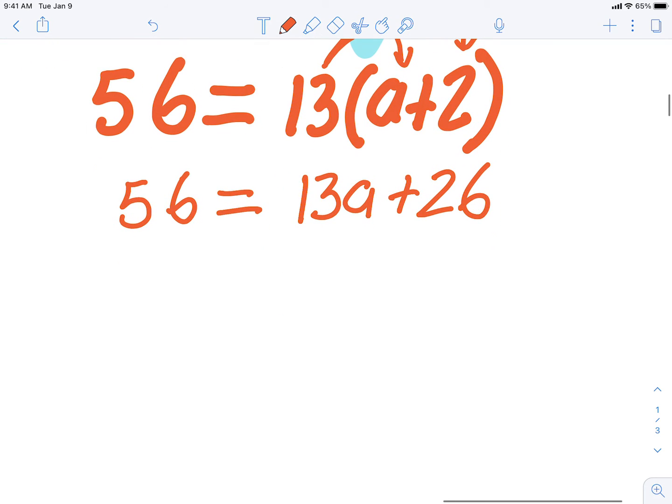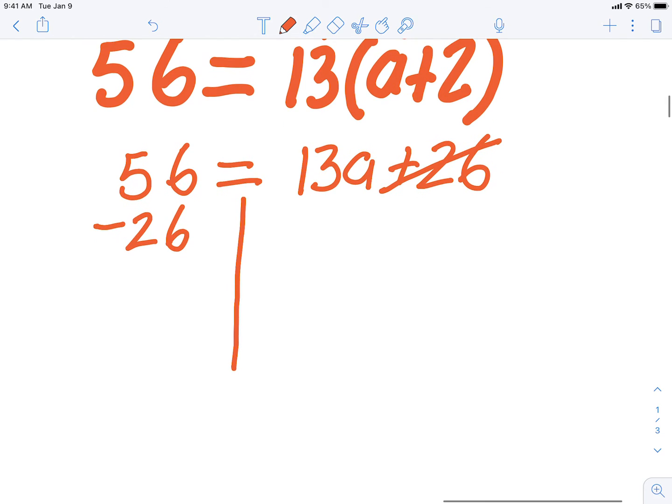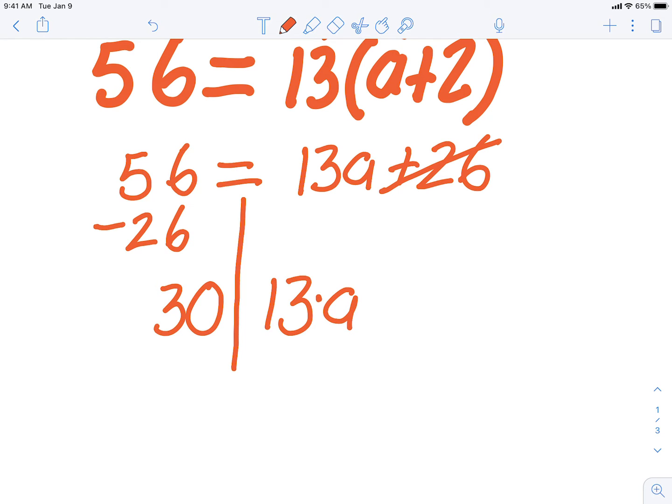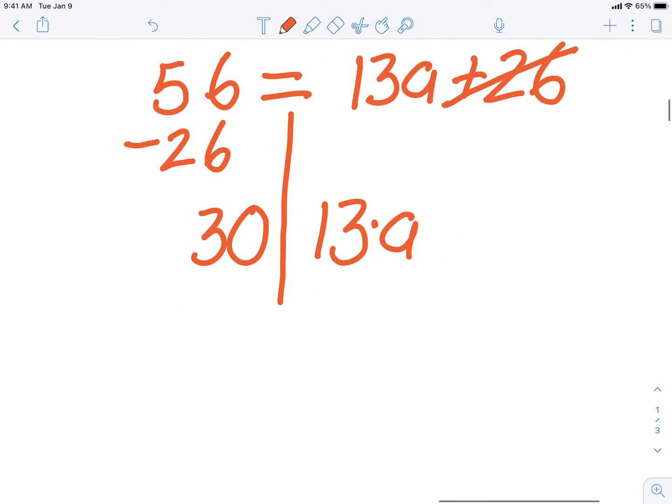Now, I want to solve for A here. So I draw my line of separation, and I've got to move 26 over first. I say minus 26. So 56 minus 26 is 30. And I still have my 13A here. 13A means 13 times A, so the opposite of multiplying is dividing.